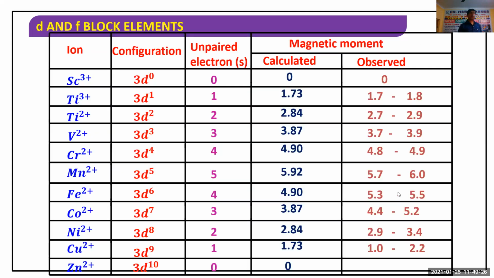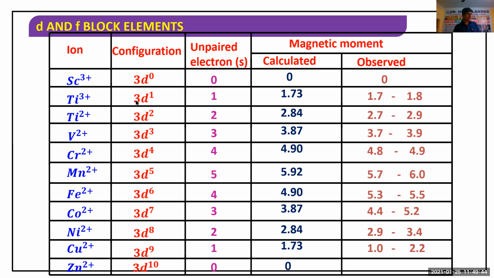And this is the magnetic moment for different ions. Scandium 3+ contains zero unpaired electrons, hence its value is 0. This is titanium 3+.